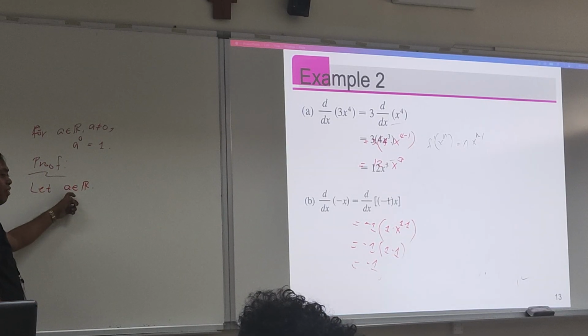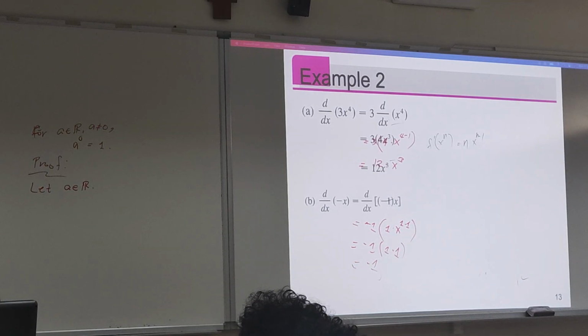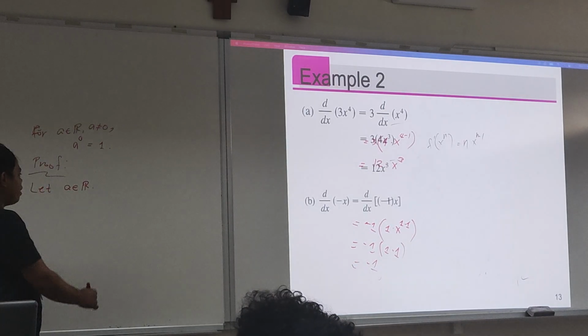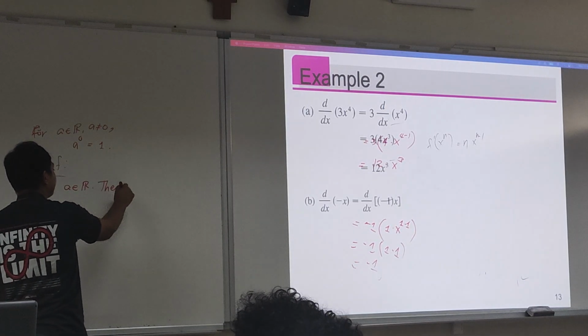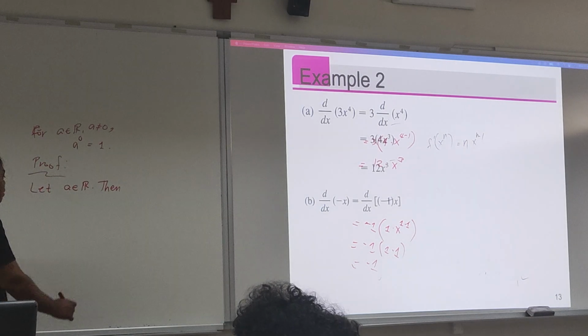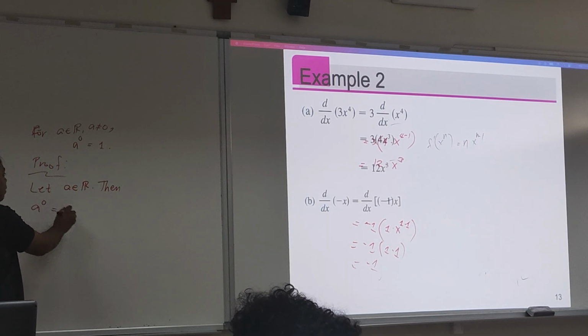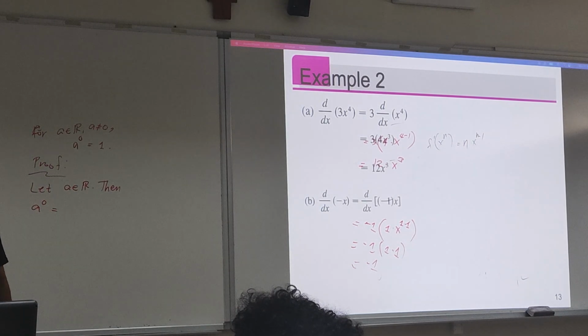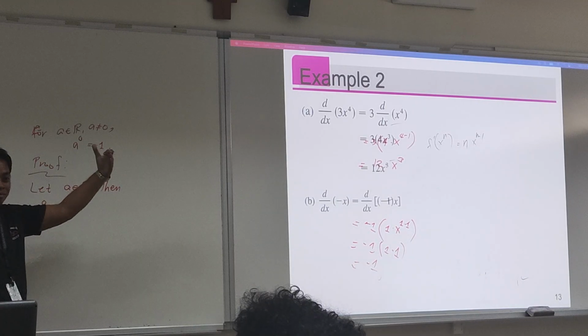So let's say this a here is a real number. Then we will start working at the left hand side. So our goal is the left hand side should be equal to our right hand side, which should be equal to 1.